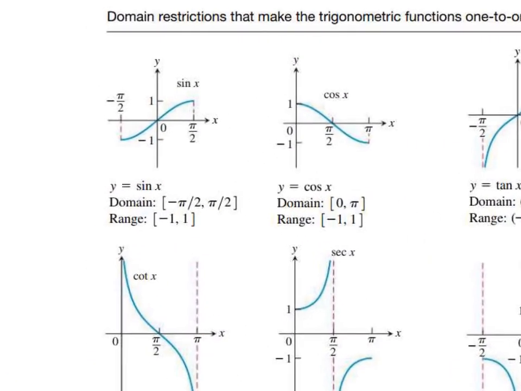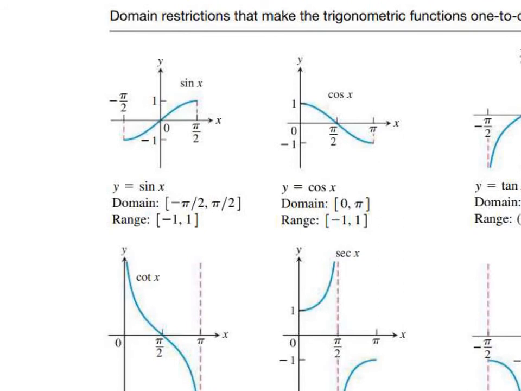Here's a picture of sine, but it only gives you from negative pi over 2 to pi over 2. That's because if you go to the unit circle, the sine of this quadrant is positive, and the sine of this quadrant is negative. Therefore, from negative pi over 2 all the way to positive pi over 2, which, by the way, is 90 degrees, it's the primary domain of sine.